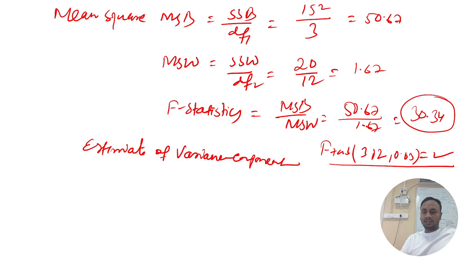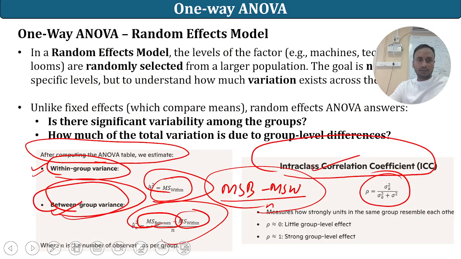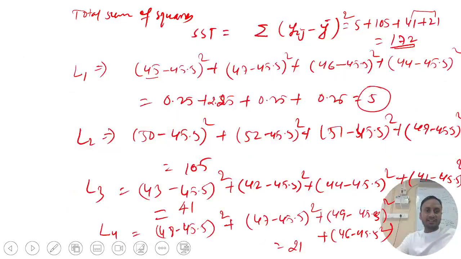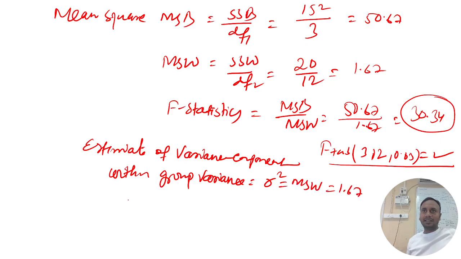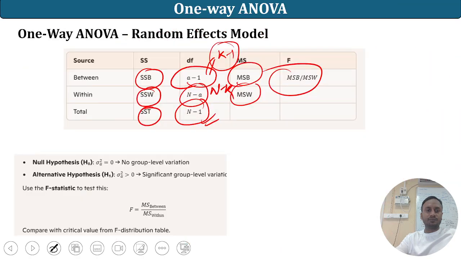What is the formula? We have to get the within group variance. It was sigma square, what was that? MSW. How much is that? 1.67. Then one more is there to calculate, the between group variance.